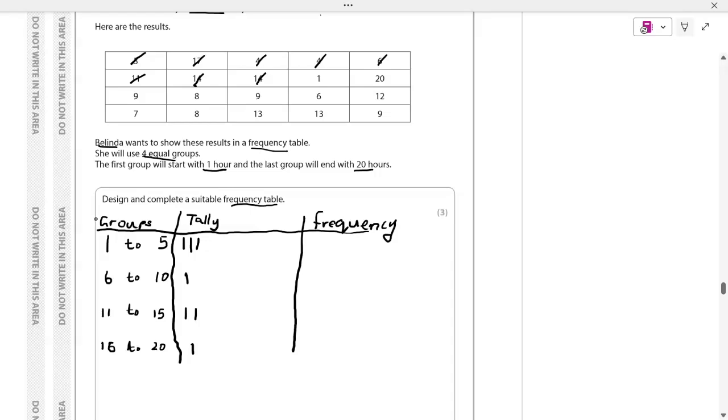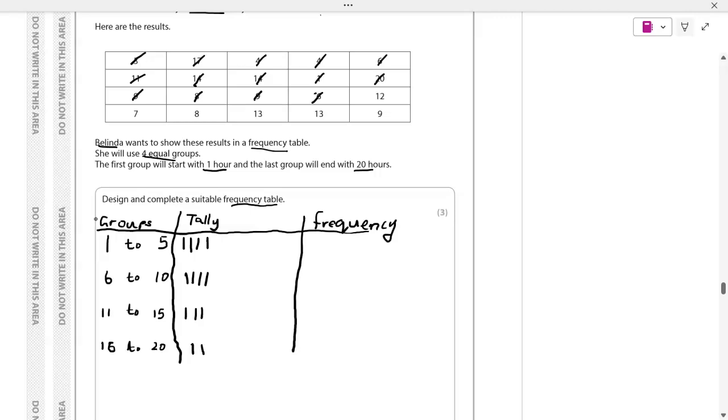Another 14 goes here. 1 goes to the top. 20 goes to the last one. 9 comes here. 8 comes here. 9 comes here.